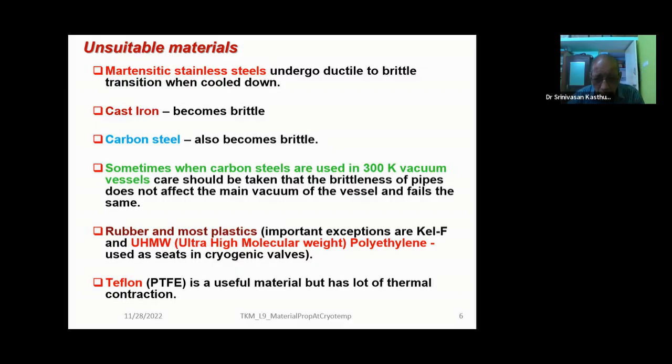Teflon is actually a very useful material, but it has a large thermal coefficient of expansion, so thermal contraction is very high. Teflon does not become brittle; that's the advantage with Teflon. It is actually a soft material, but the contraction at low temperature will be pretty high.